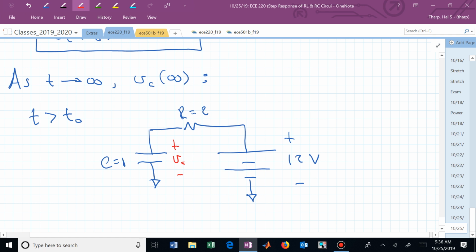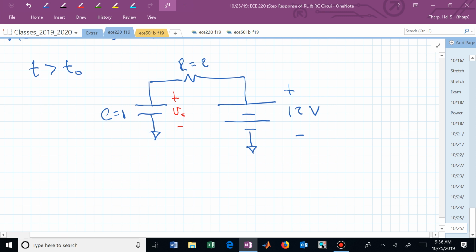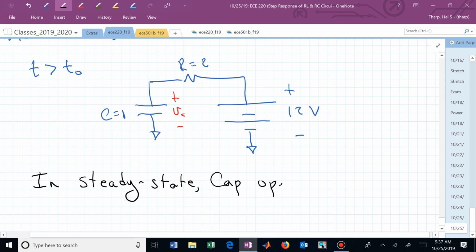But the analysis is the same, isn't it? Now we are going to be in steady state. After 5 time constants, we'll be there in steady state. We now know that the capacitor is going to open. And we now know that V sub C at infinity is 12 volts.